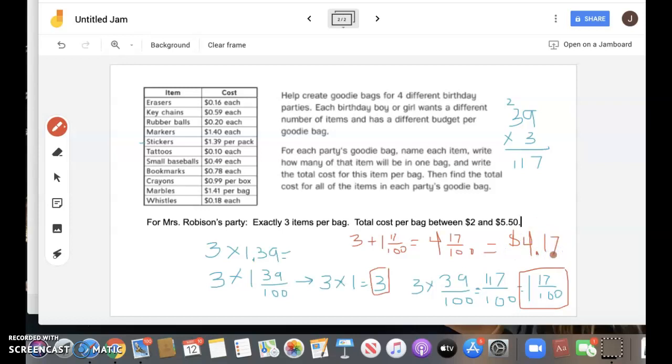So I could also do 3 stickers, end up with $4.17 per bag, and that still gets me between 2 whole dollars and $5.50.